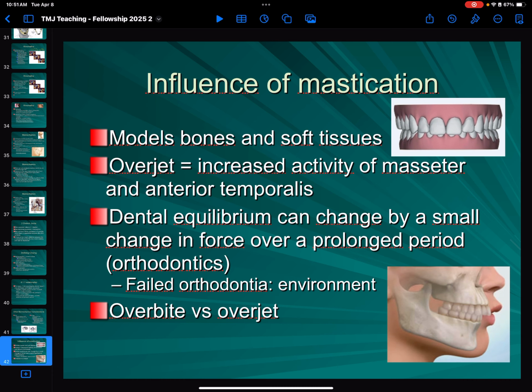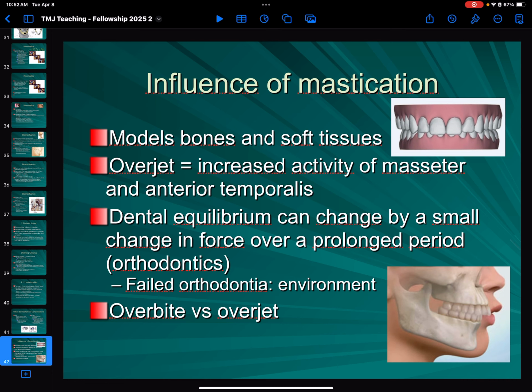So orthodontics can be an issue. There are some people that have failed orthodontia, and so is it that the orthodontist did a terrible job, or is it that the 13-year-old's been sitting like this and they wonder why the orthodontia isn't working?